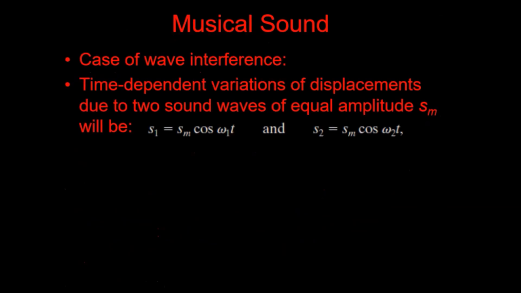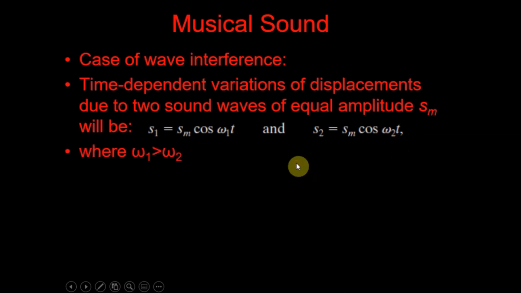And what you have here are two time-dependent variations in displacement due to the sound waves, both of equal amplitude, S1, S2. So we don't have to employ any complex mathematics here because their amplitudes are the same. S1 and S2 equal Sm cos omega 1t and Sm cos omega 2t.